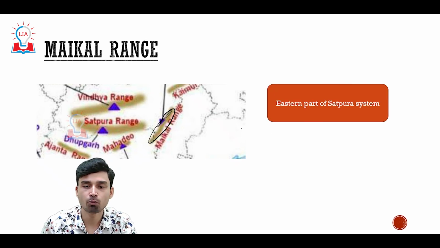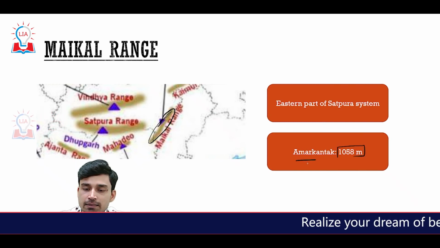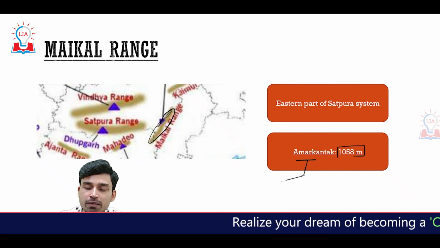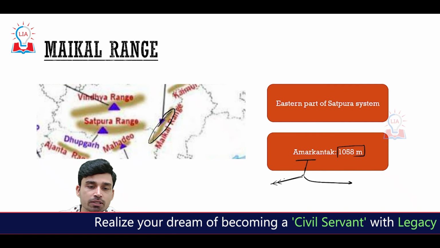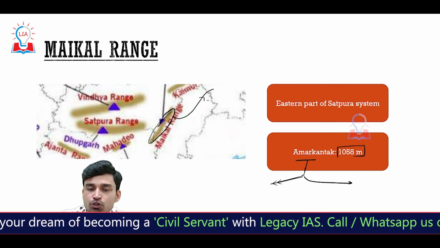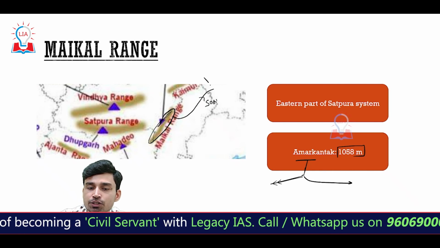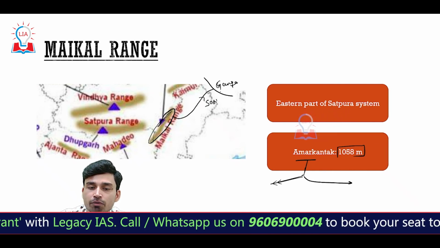The highest point of Maikal range is Amarkantak Plateau at an elevation of 1058 meters, and this Amarkantak Plateau is very important because from this Amarkantak we have two different rivers originating on two different sides. One river originates and flows toward north and joins the Ganga. This river is Son river, which is an important left bank tributary of river Ganga.